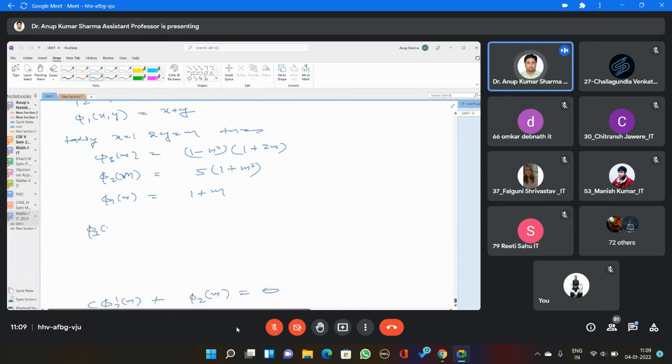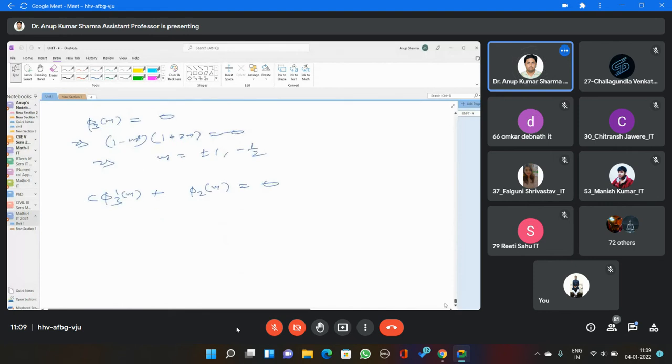The highest degree term phi 3 of m is equal to 0. This implies 1 minus m squared and 1 plus 2m is equal to 0. This implies that m is equal to plus minus 1, comma minus half. It looks like the factorization is already given. Now we calculate c for different values of m.